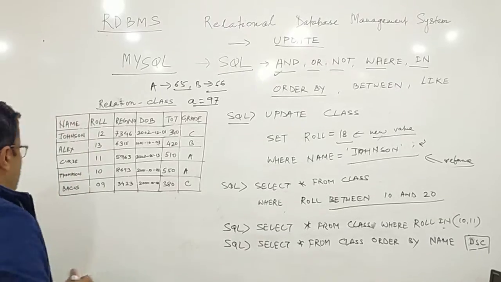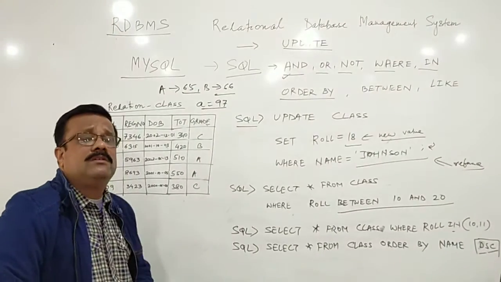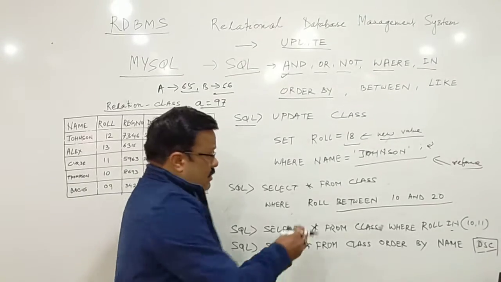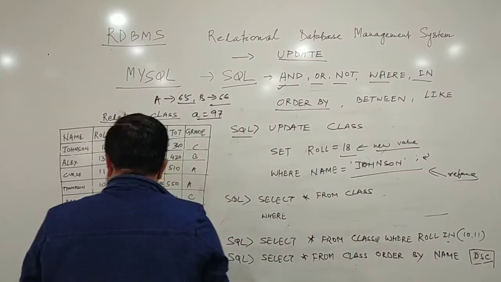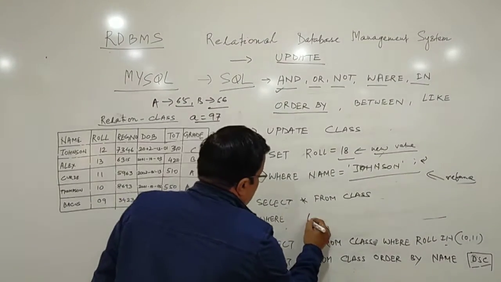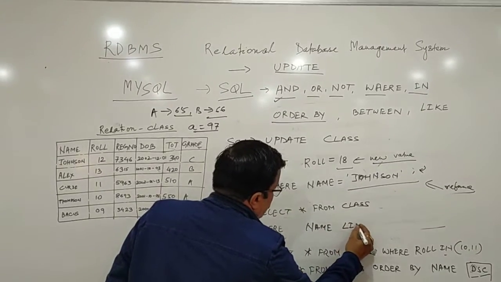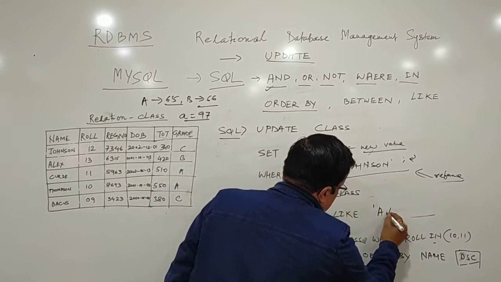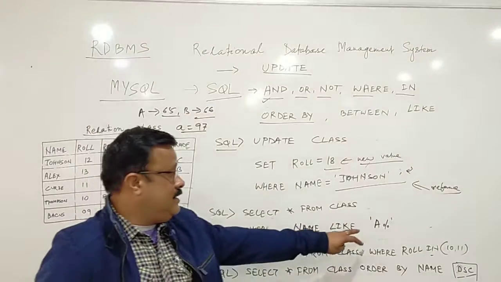Next is the LIKE clause. If I want to display all the names that start with A, what is the query for that? Select asterisk from class where name like, then inverted quotes, 'A%'. This is very important.